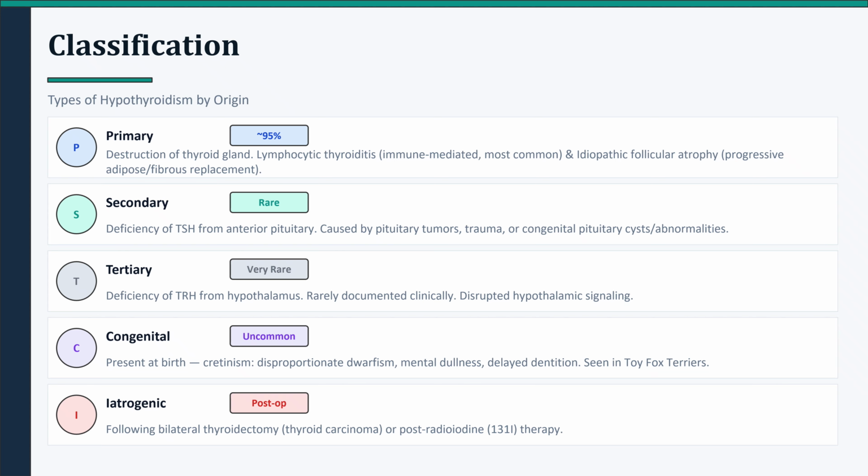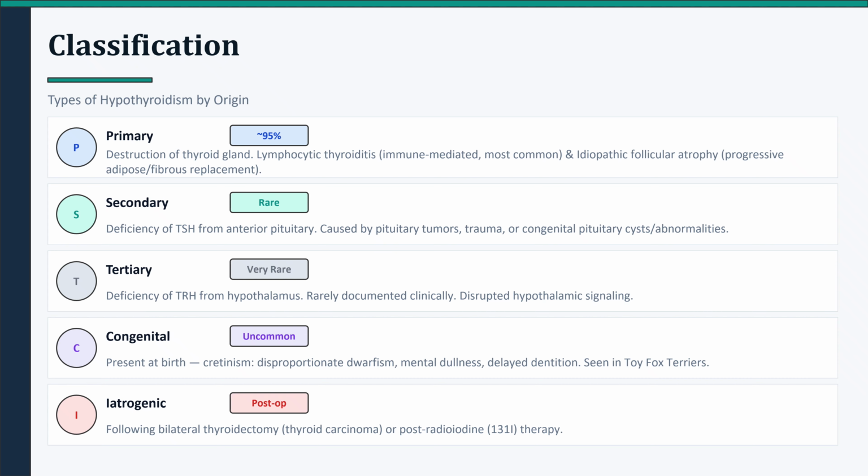It comes in two main forms: lymphocytic thyroiditis, which is immune mediated, where the dog's own immune system attacks the thyroid gland, and idiopathic follicular atrophy, where the thyroid tissue progressively gets replaced by fat and fibrous tissue without any inflammation. Both end result in not enough T3 and T4.